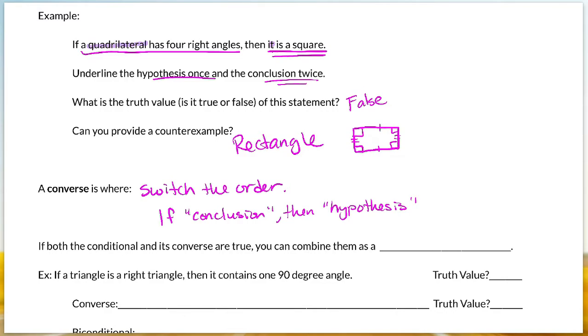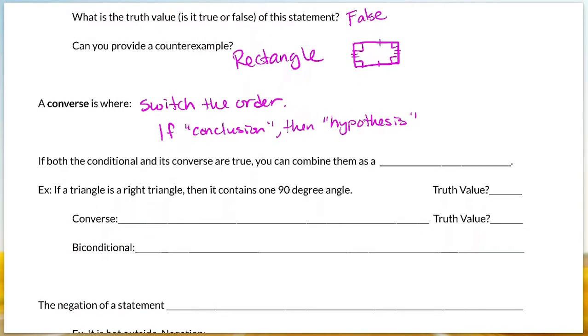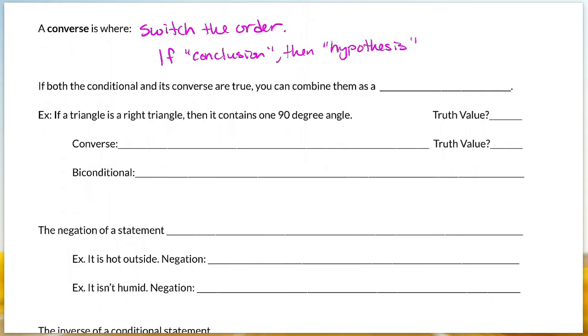If I was writing the converse to this phrase at the top here, I would have said, if a quadrilateral is a square, then it has four right angles. So noticing how you are keeping the noun at the beginning and the pronoun at the end. So switching that order, and again, sometimes the wording is changed.